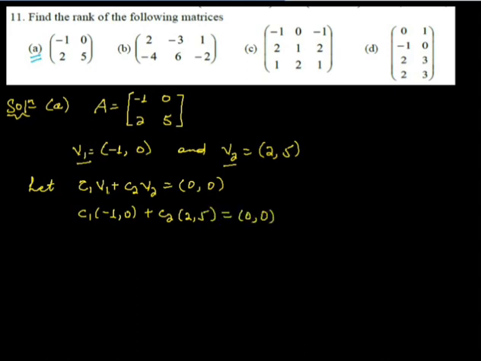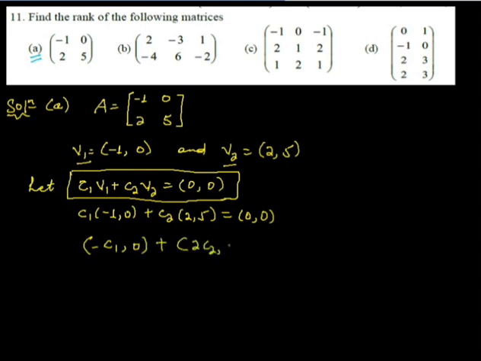We need to start from this linear combination. Then we will determine C1 and C2. So this means (-C1, 0) plus (2 times C2, 5 times C2) is equal to (0, 0).